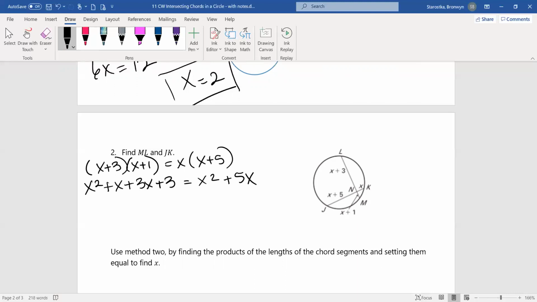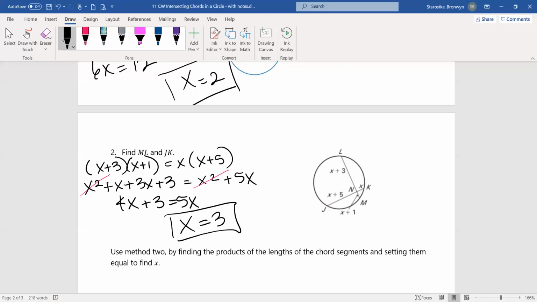Looking at this, I noticed that the x squareds will cancel. That won't always happen, but in this case, the x squareds will cancel. So on the left side of the equal sign, x plus 3x, 4x plus 3. On the right side equals 5x, subtracting a 4x from both sides, x equals 3.